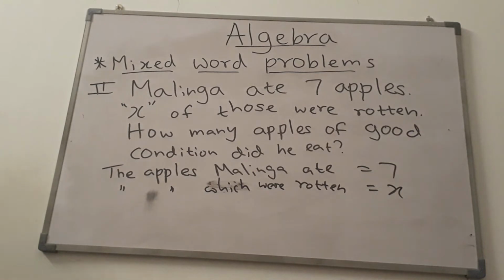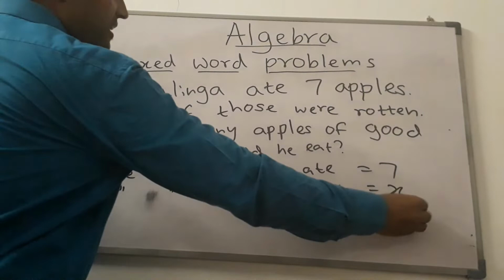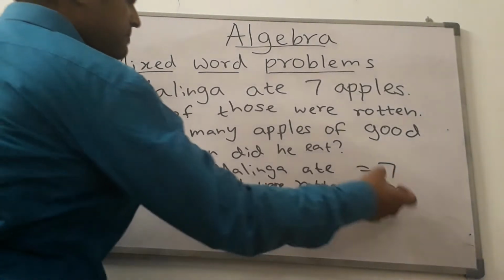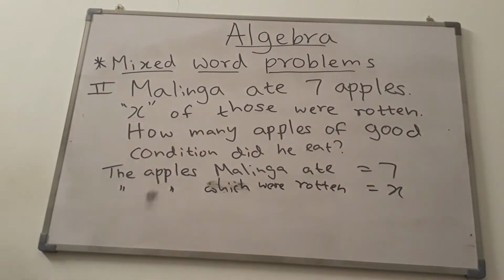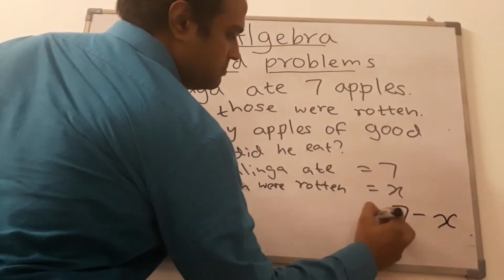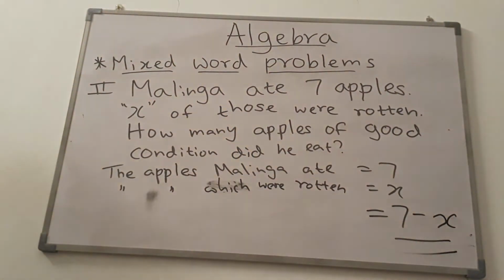So to find the apples of good condition, we have to subtract the number of rotten apples from the number of apples he ate. So the rotten apples means x. Total apples eaten means 7. So to find the apples in good condition, we have to subtract x from 7. So 7 minus x is the answer.